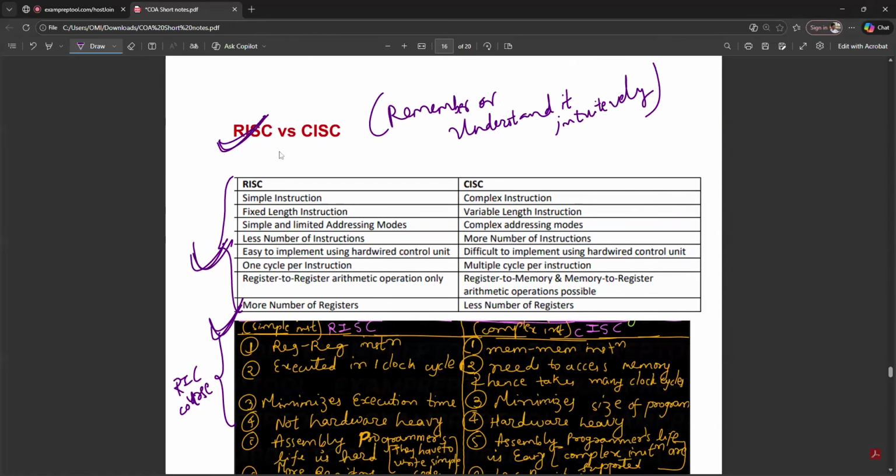So what does RISC mean? RISC means reduced instruction set computer, and CISC means complex instruction set computer. What is our focus in RISC? Our focus in RISC is a single simple instruction.